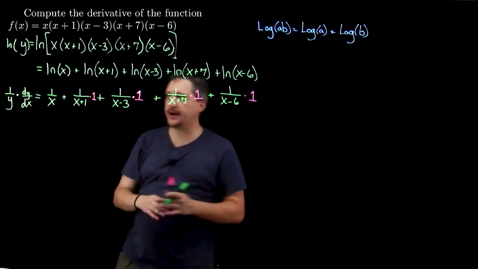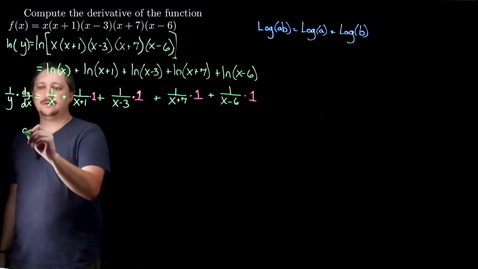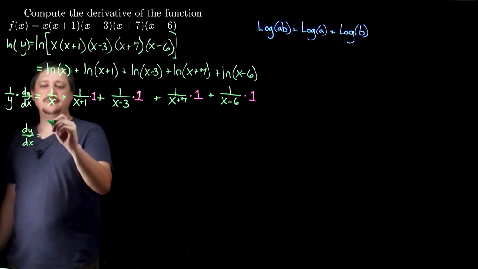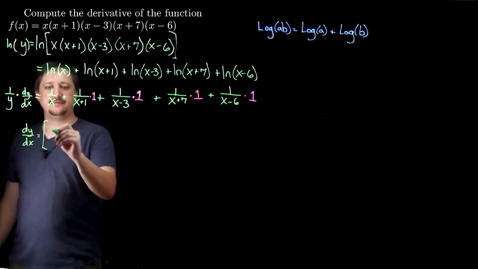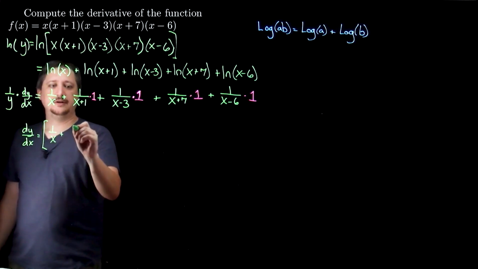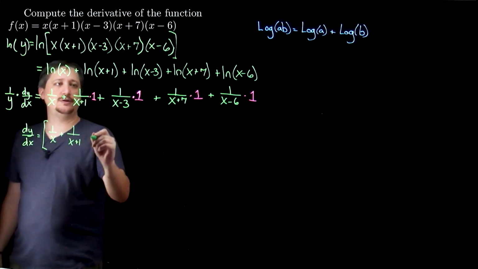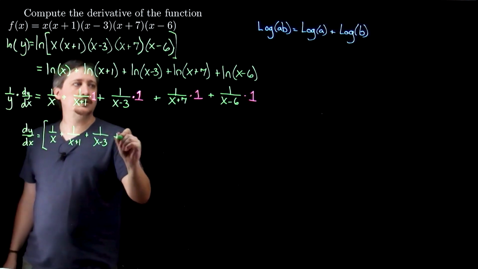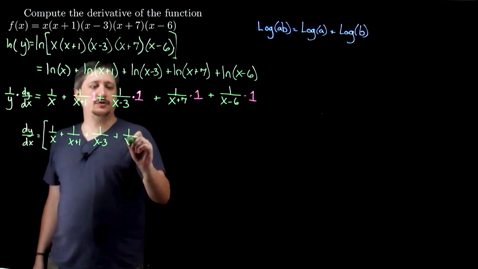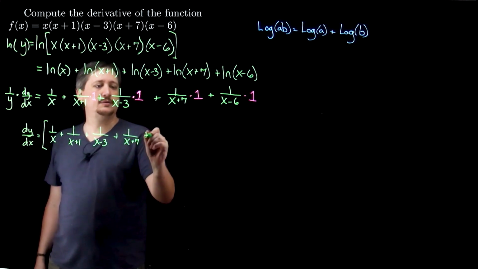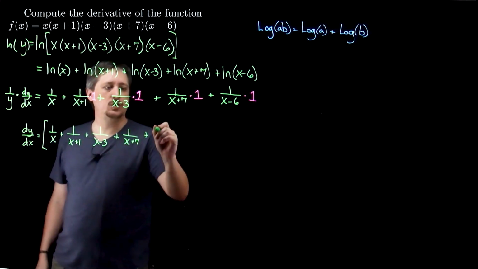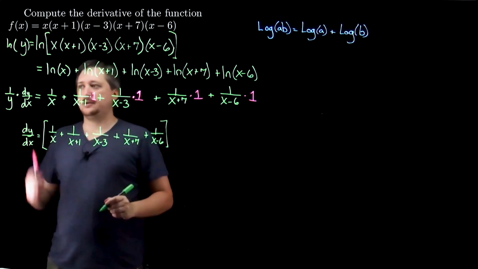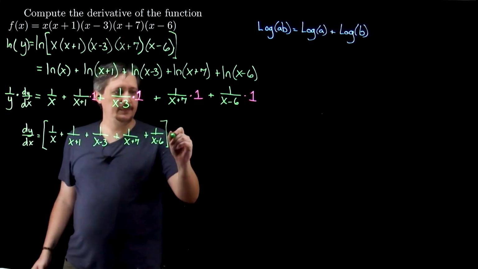I'm going to multiply by y. That gets me dy dx on this side equals all of this stuff: 1 over x plus 1 over x plus 1 plus 1 over x minus 3 plus 1 over x plus 7 plus 1 over x minus 6, times y.